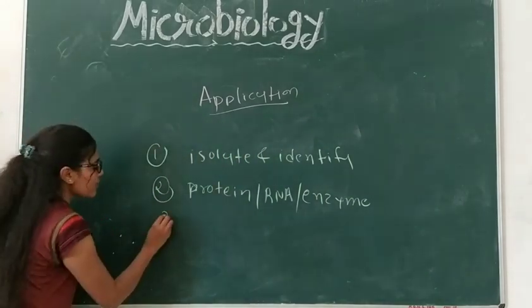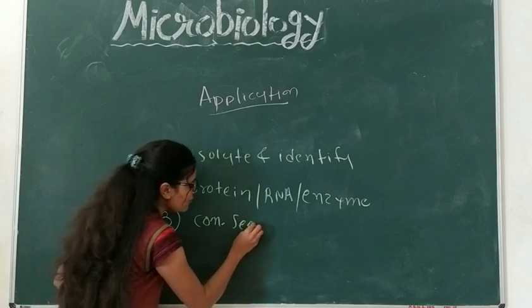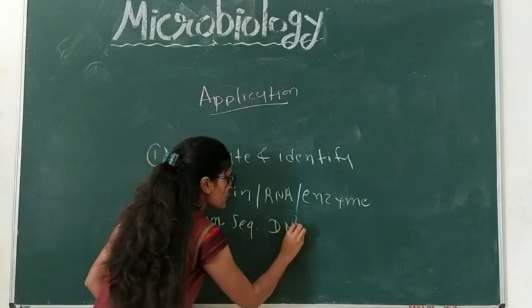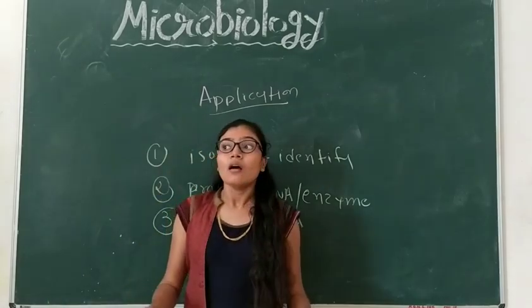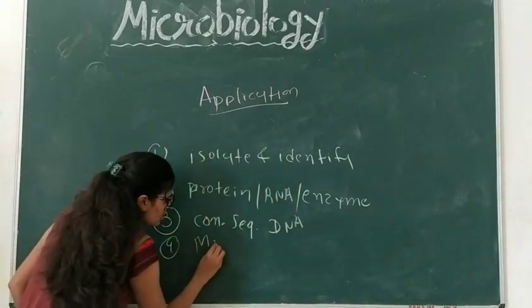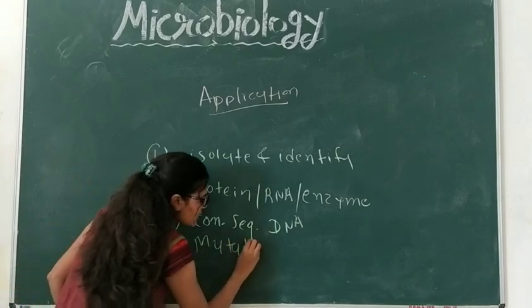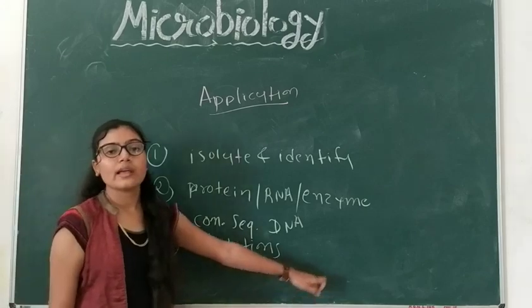Another application is that we can identify control sequences of DNA. If any change occurs, if any mutation occurs, then by using this method we can identify mutations in DNA molecules.